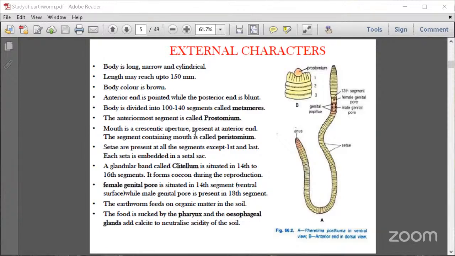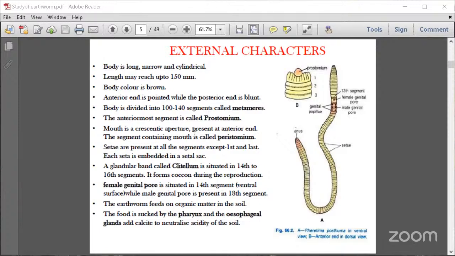The earthworm has a complete digestive system with a mouth, pharynx, esophagus, crop, gizzard, intestine, and anus.